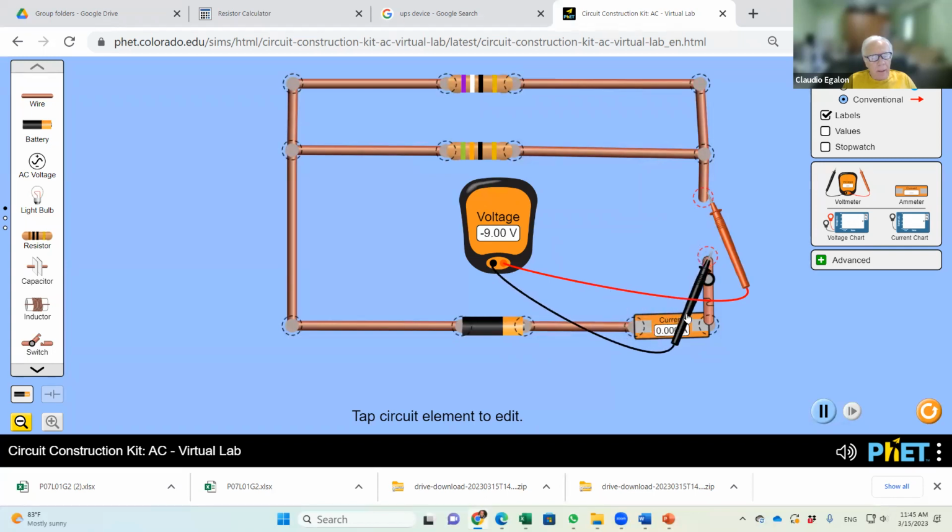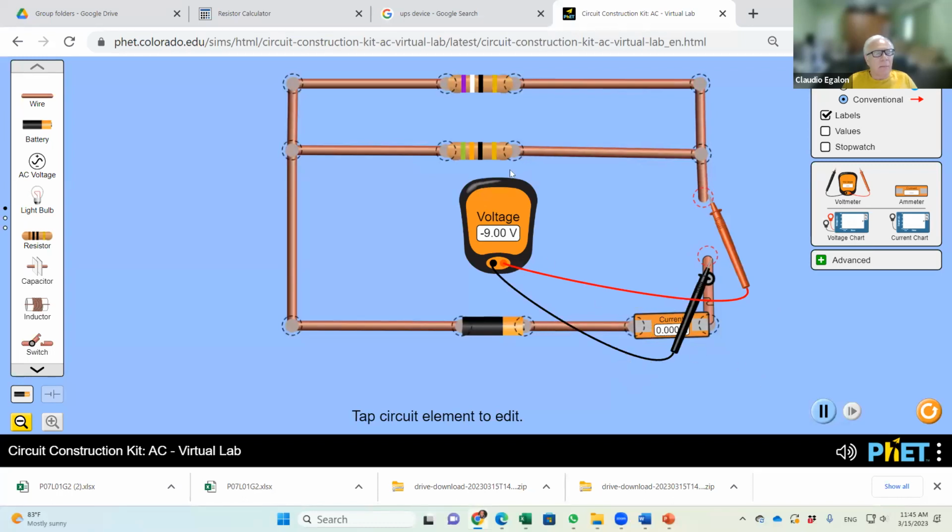But at the same time, observe what's happening here with this current. There's no current flowing through the circuit, and there's a reason for that. See here, the ammeter is measuring 0 current.